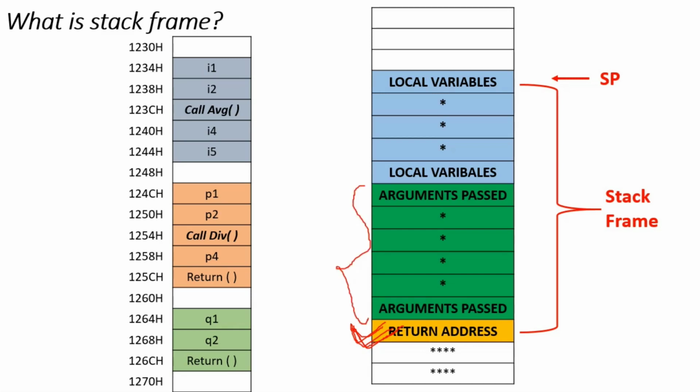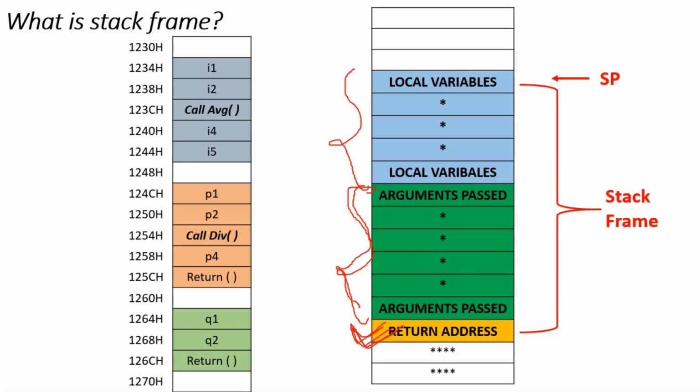In C or higher level languages, when a function is called, you can pass some parameters. Those parameters are pushed into the stack after the return address. And the local variables of the function or routine are also pushed.